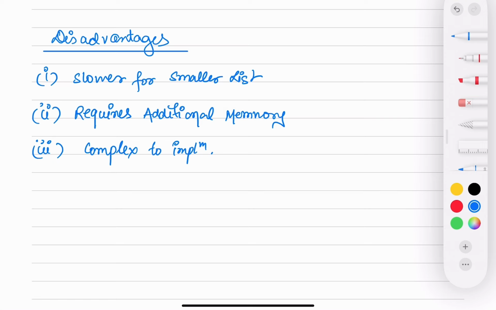To summarize, merge sort is a divide and conquer algorithm which is very efficient for sorting large data sets and unorganized data sets. However, it can be slower for smaller lists and it requires additional memory proportional to the size of the array we have. So that is what the advantages and disadvantages of merge sort are.